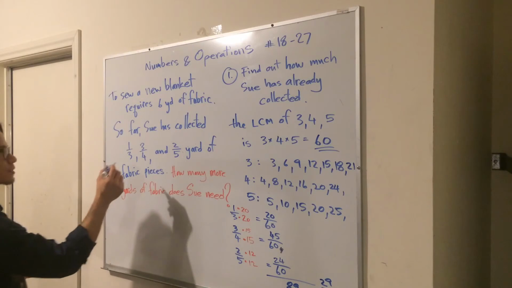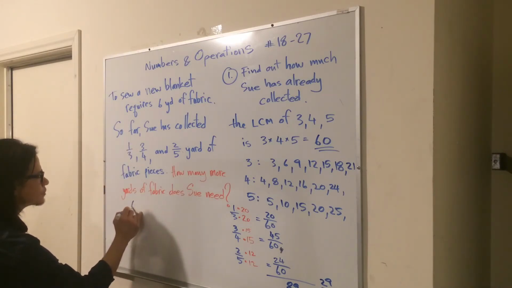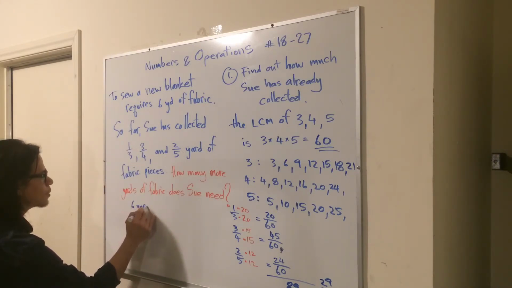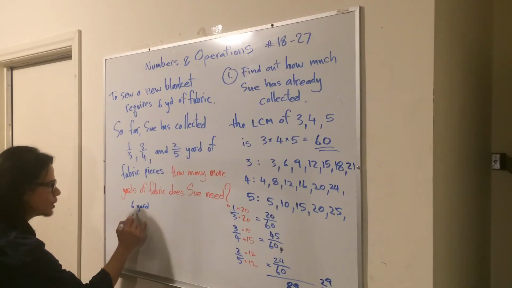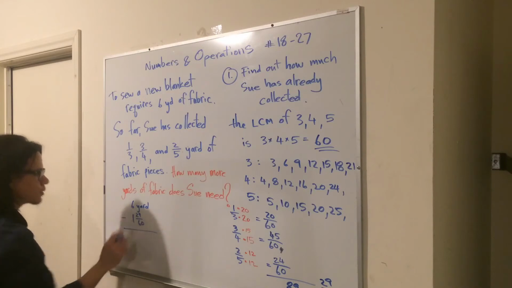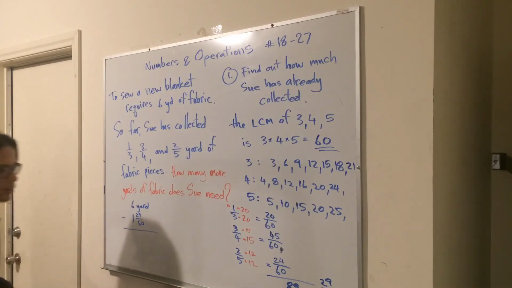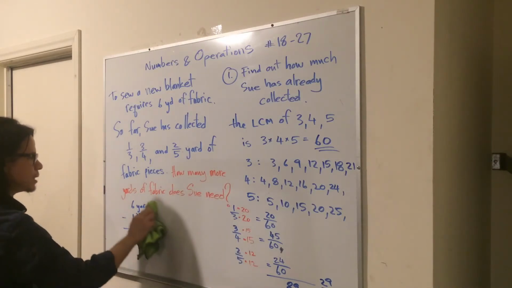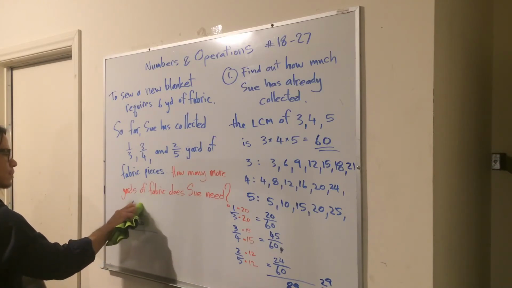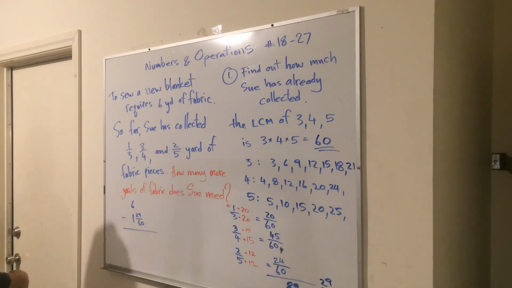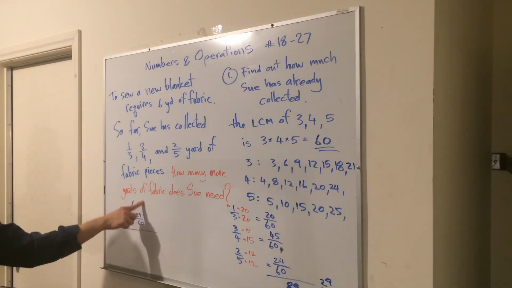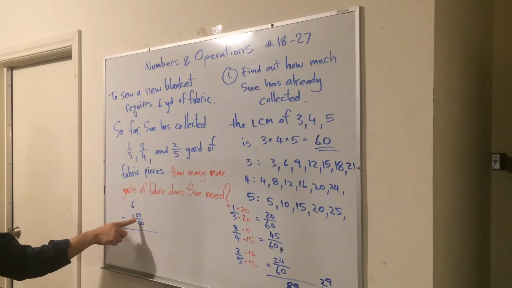Let's subtract: 6 yards minus what she already has, which is 1 and 29 over 60. That will tell us how many more yards she needs. We need a number here so that we can subtract.